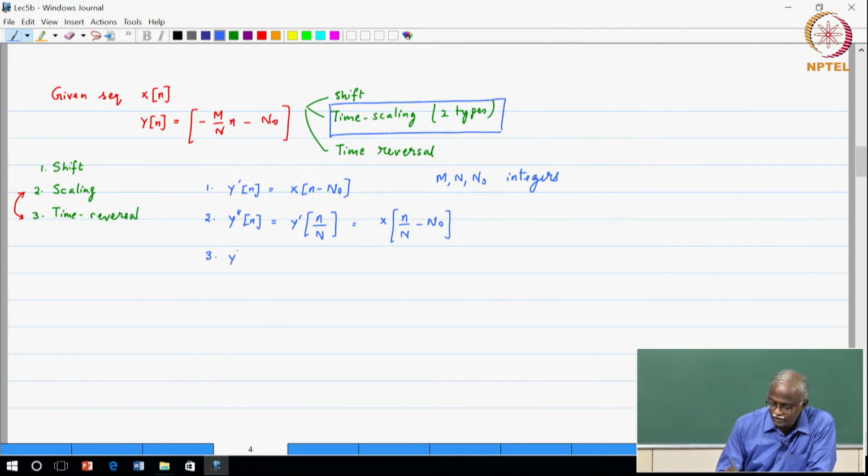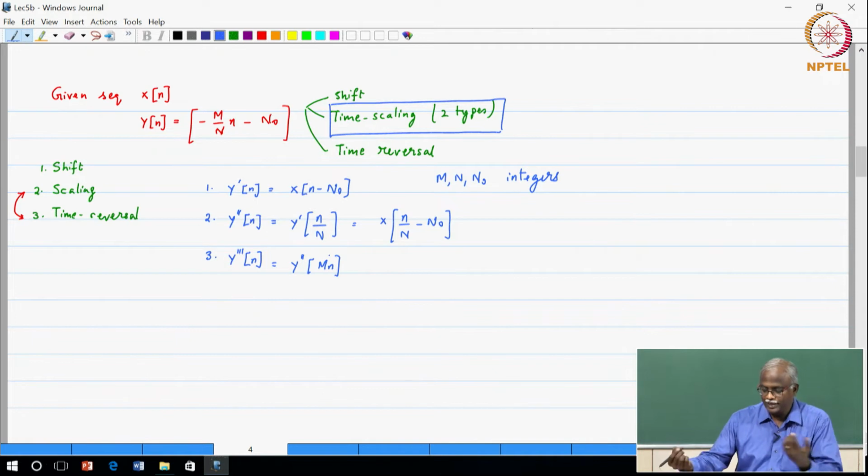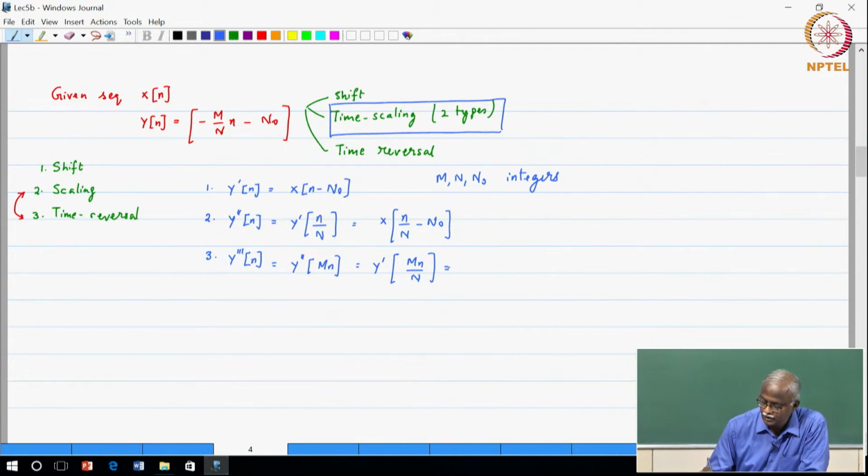So, y triple prime of n is y double prime of mn. This is the sampling rate reduction. You retain 1 out of m samples. This corresponds to y prime of mn by n, that corresponds to x of mn by n minus n naught.